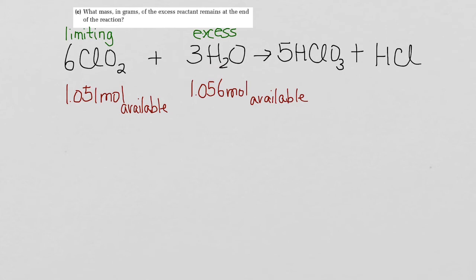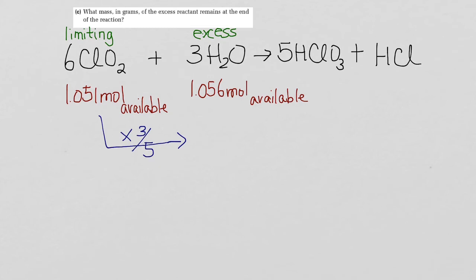So that depends on the amount of limiting reagent. So we have to use the information from the limiting reagent, and we say that at the time that this is all used up, how much of the excess have we used by then?